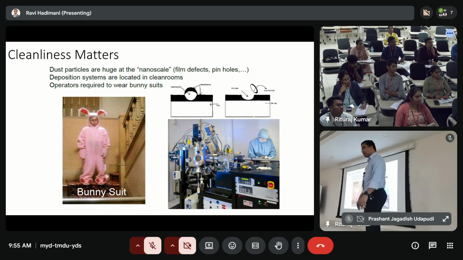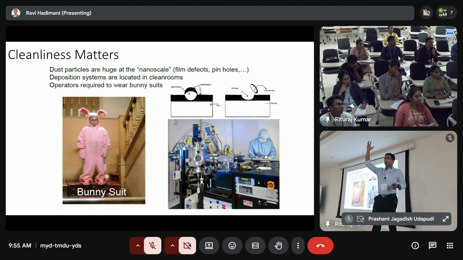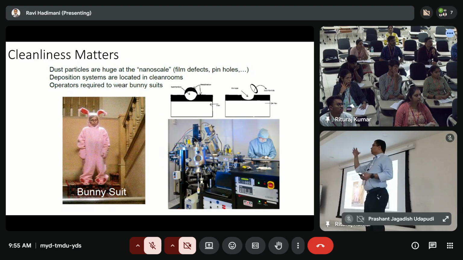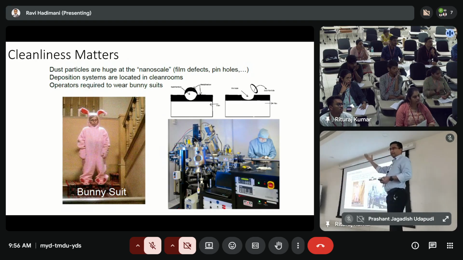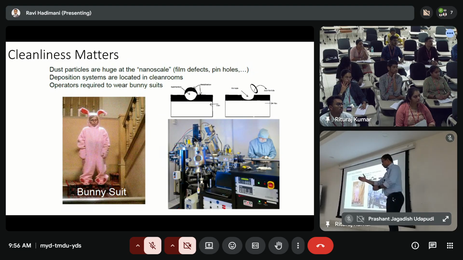So your shoes need to be covered. You have to suit up, and it's always kept under a negative pressure, so particles are always sucked out. Any floating particle, if suddenly a particle detaches from something, is sucked up. So the pressure outside will be higher than inside in these clean rooms, and there will be one door and then another door.